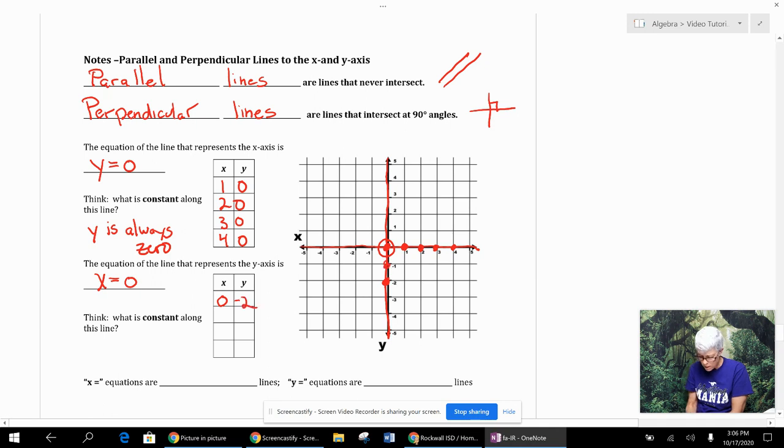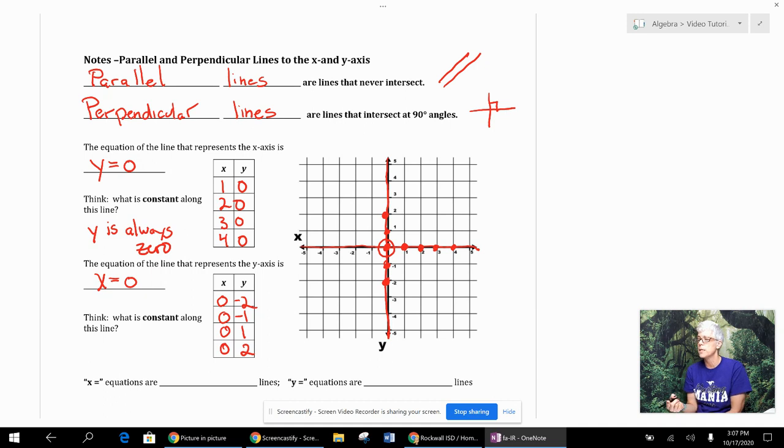If I picked this point, it would be 0, -1. This point, 0, 1. This point, 0, 2. And you really only have to name maybe 2 points to verify that you've named the equation of the line correctly if you're not really sure of yourself.